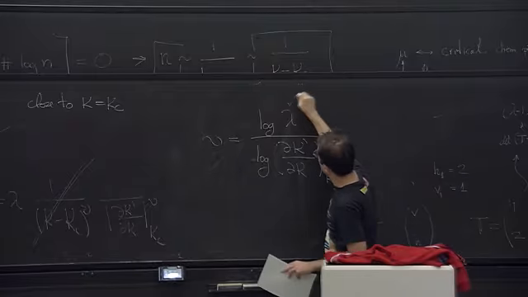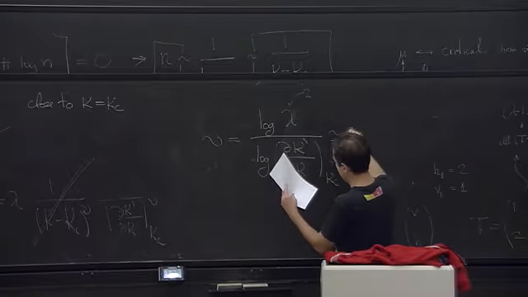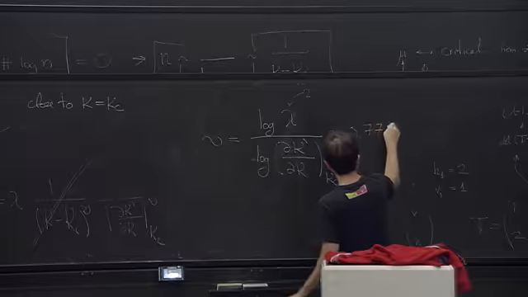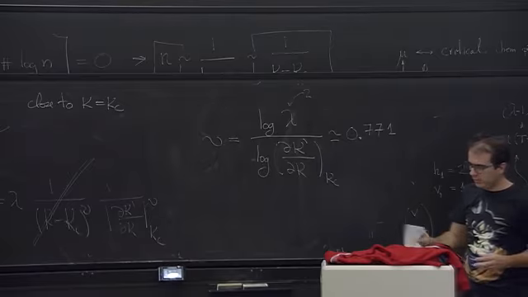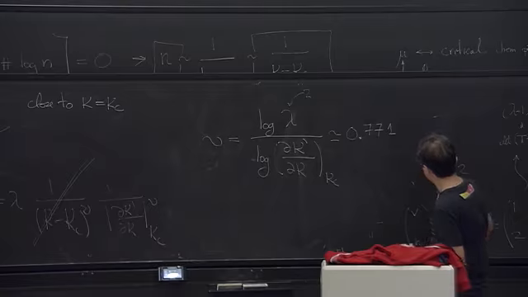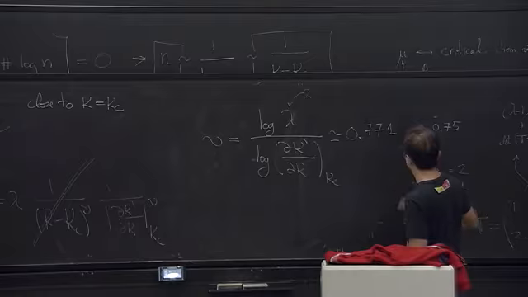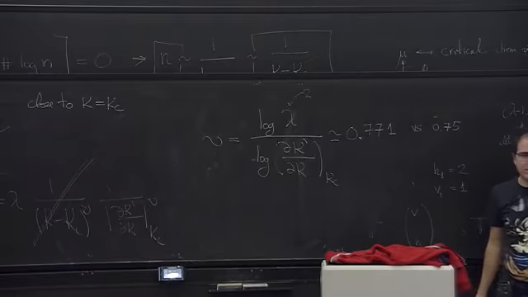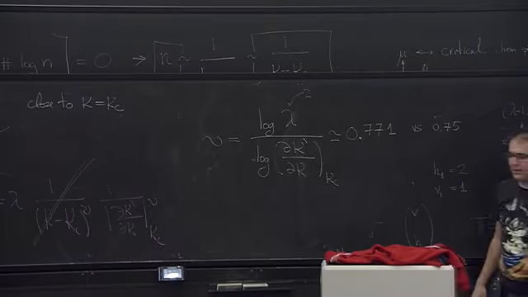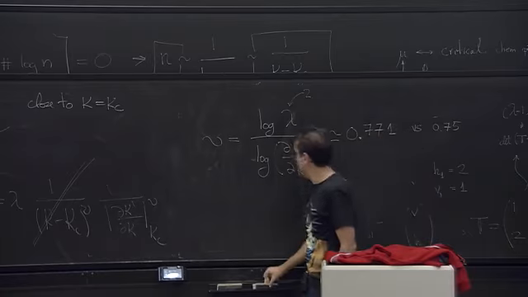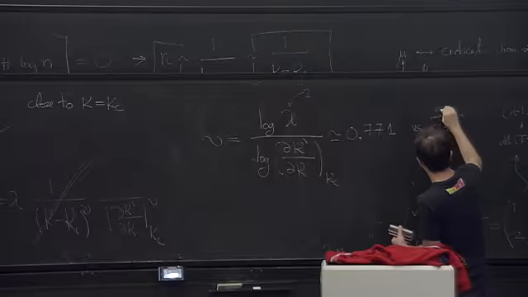This is 2, and this I can compute at the critical temperature, and this gives 0.771. This is to be contrasted with the exact result, which is 0.75. So this one is better than our critical temperature. In 2 dimensions, it turns out that this is exact.